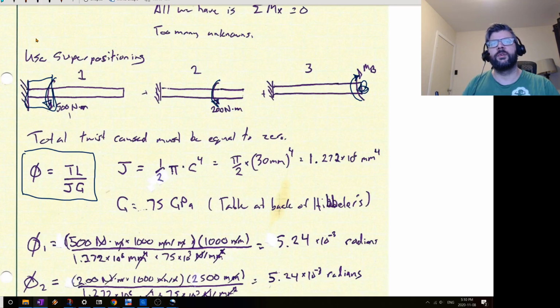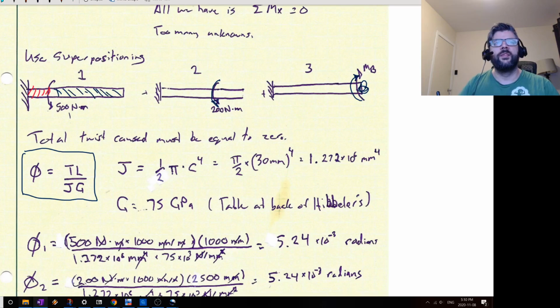So for example, here, where we've got the load applied here, we're going to get twisting going on here, but over here, there's going to be no twisting at all. No additional twisting, at least.